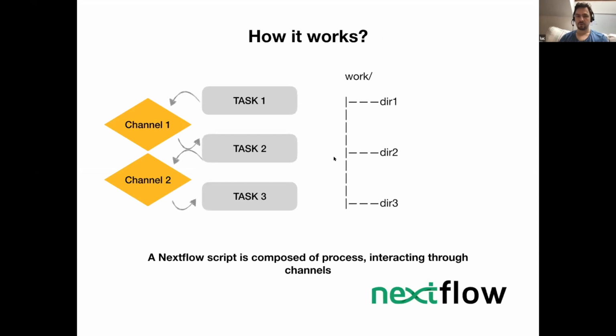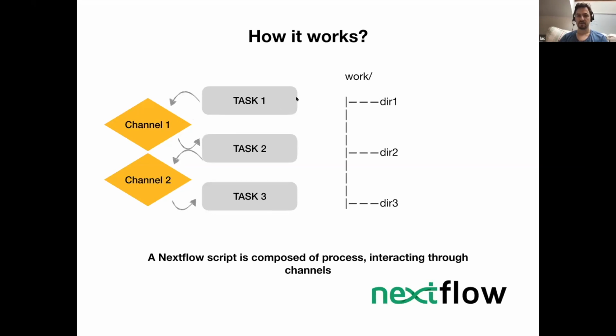Basically, how it works. A Nextflow script is divided in processes, where the task that the user wants is made or run, and the files are exchanged between the processes through channels. So we can say that a Nextflow script is composed of processes and channels to exchange the files.